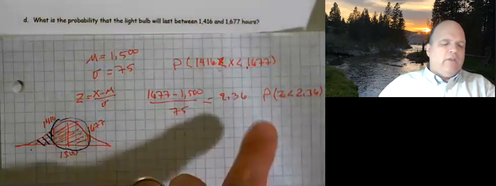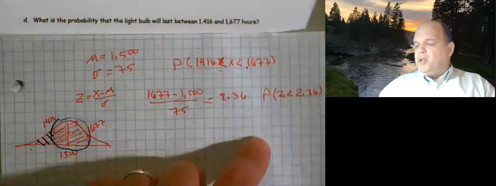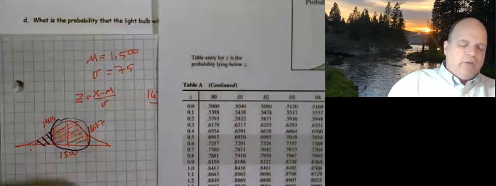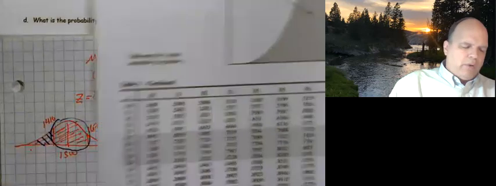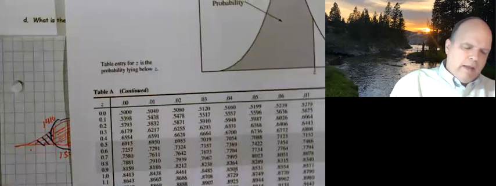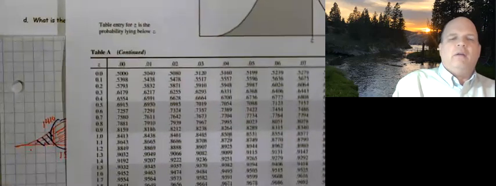So we calculated the 1677, except I haven't figured out the probability, so I need my table. Looking at a positive, because it's a positive z-score, looking for 2.36, 35, 36, which is point, you can't see that. Let me slide that up.